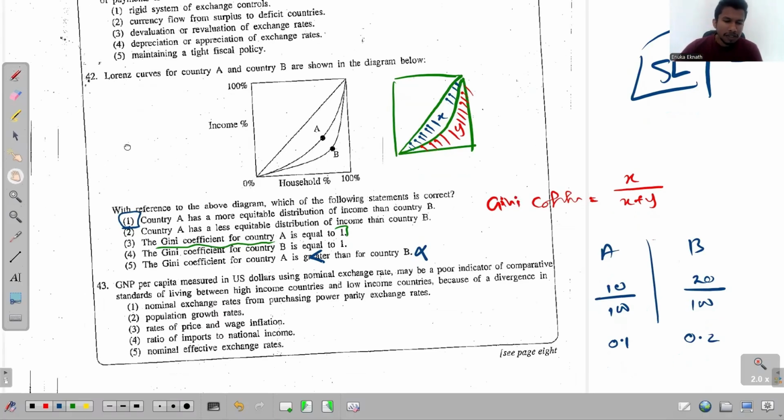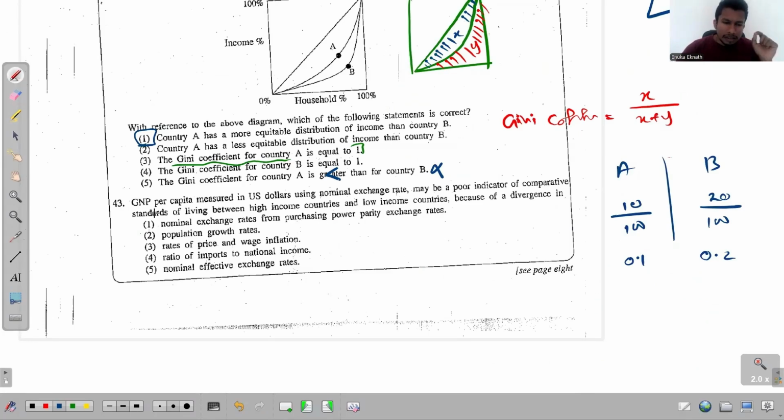Right, now we will move to question number 43. GNP per capita measured in US dollars using nominal exchange rate may be a poor indicator of comparative standards of living between high-income countries and low-income countries because of a divergence in which one of the following.